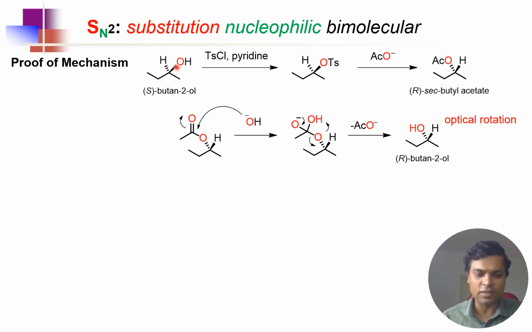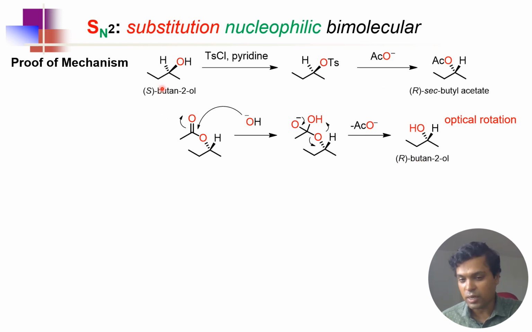You should learn it in a different topic, so we'll discuss it later on if we prepare another video on that. Whatever optical rotation the S isomer has, the R isomer should have exactly the same value but opposite sign. So for example, if you have plus 30, you should have minus 30 for this.